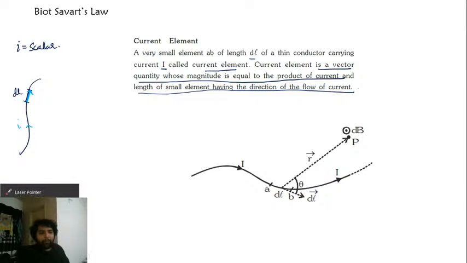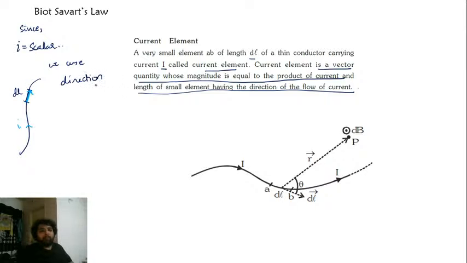This is very clear. But since we know current is scalar, we use the direction of dl as the direction of the vector current element.